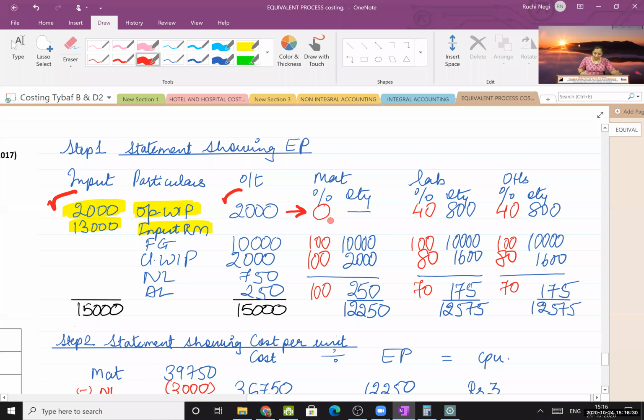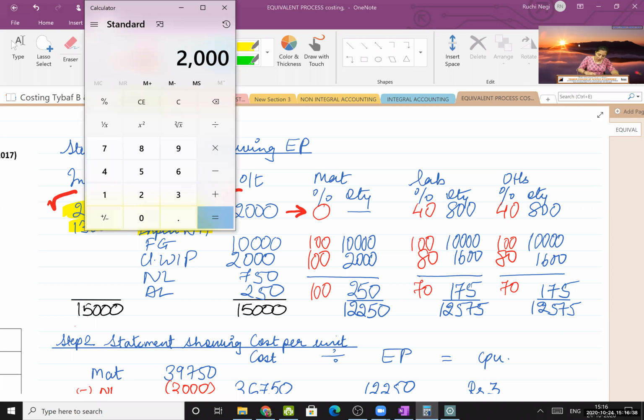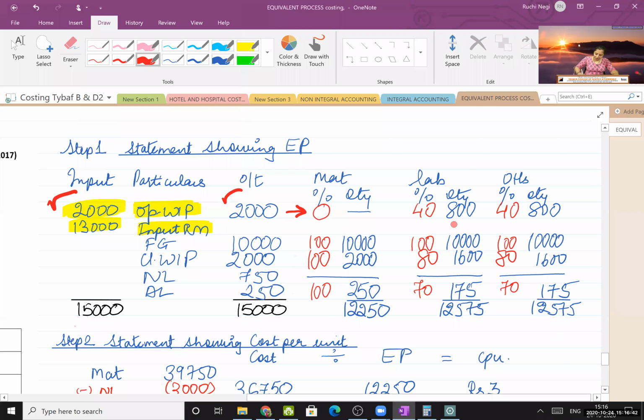I just discussed with you: 0, 40, 40. So 2000 times 0 is, quantity will be 0. Next, 2000 times 40% is how much? 800. So right here, 800.